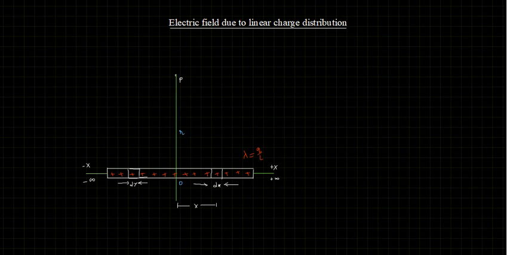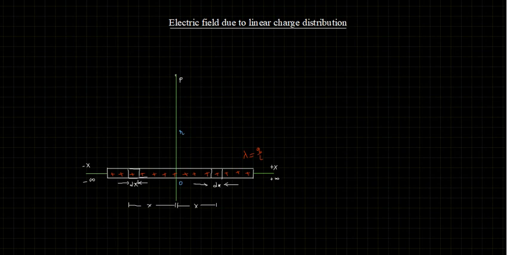So we start by considering two small length elements, dx and dx dash, exactly symmetrically opposite points from the origin. This green line is the origin line and the point P is lying on it.